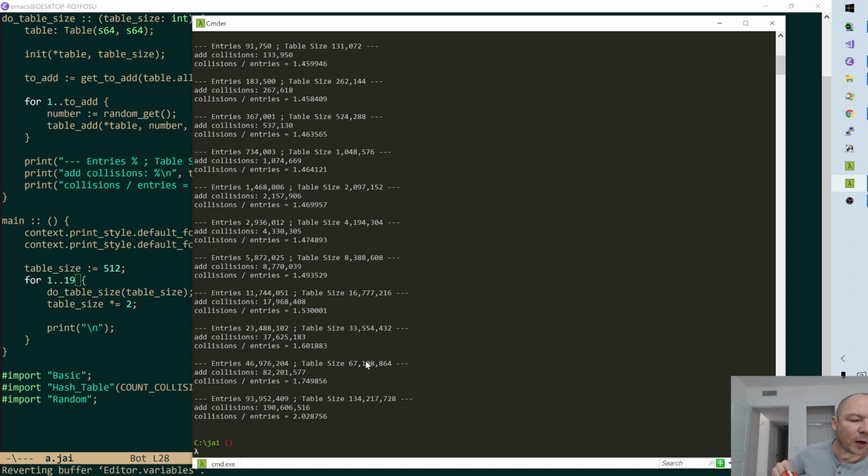Try returning a random value for probing. Well, if we do that, we will break the hash table because you'll never be able to find the item. Right. Now, if we really just want to get these numbers, that's fine, but I'm going to have to comment it out.